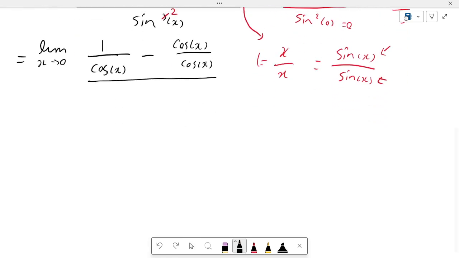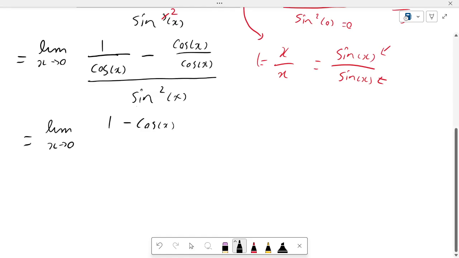So it's the limit as x approaches 0, and then we can write this as one fraction: 1 minus cos of x all over cos of x, all over sine square of x.